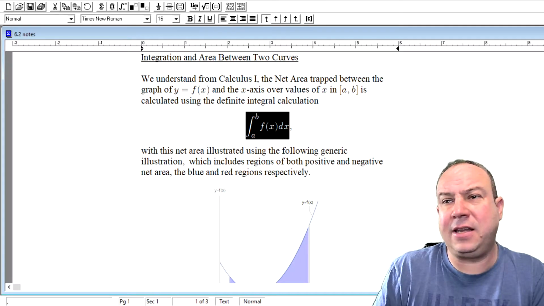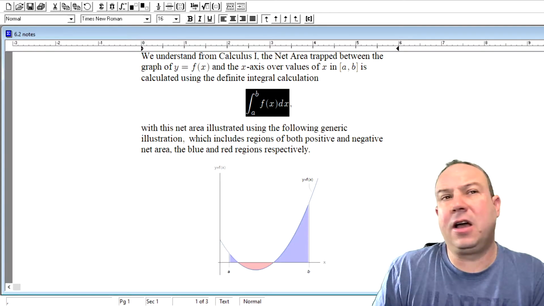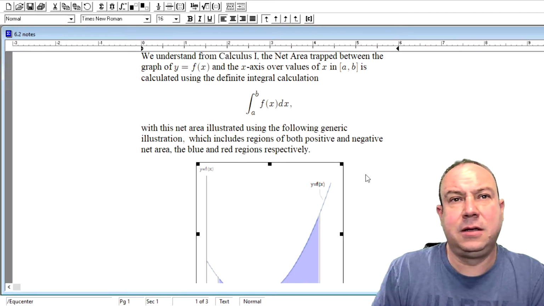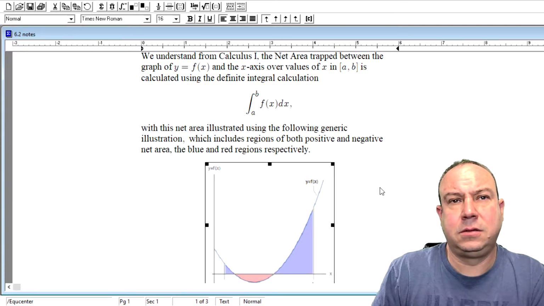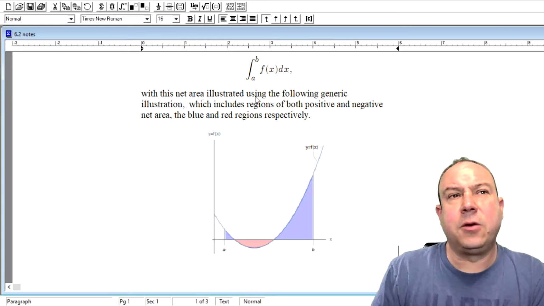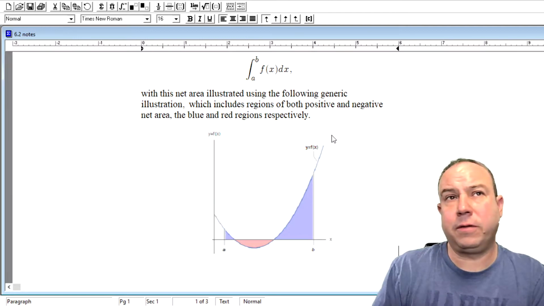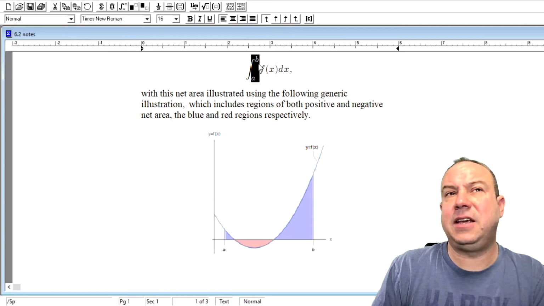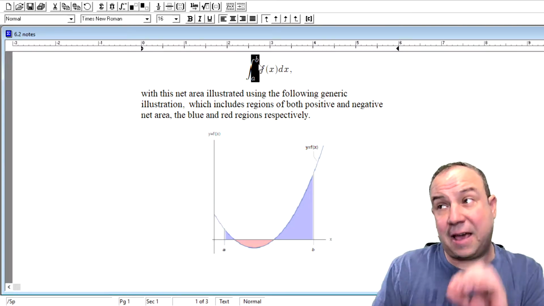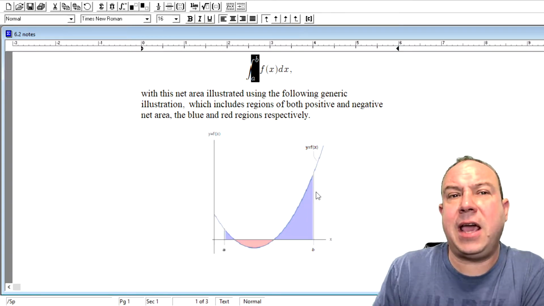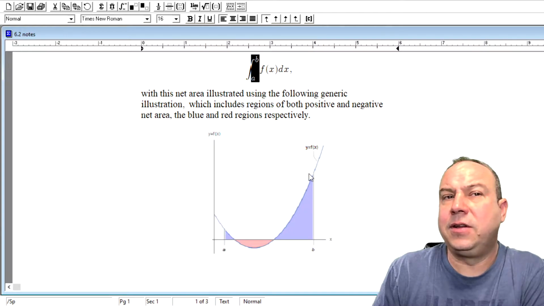And I give a quick little illustration of this down below here. If I made this a little bigger, you could see that illustration. Here we have the integral for our function f of x. f of x is this curve, and we're calculating the net area of f of x, the definite integral calculation, over values of x starting here at a and continuing down here to b.